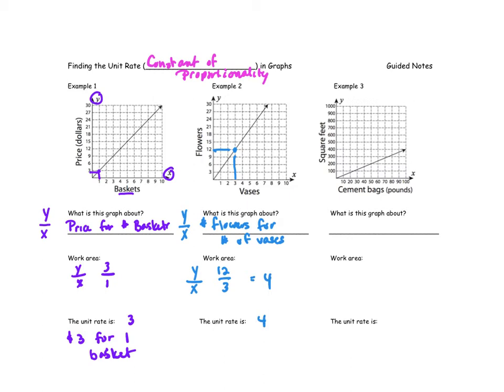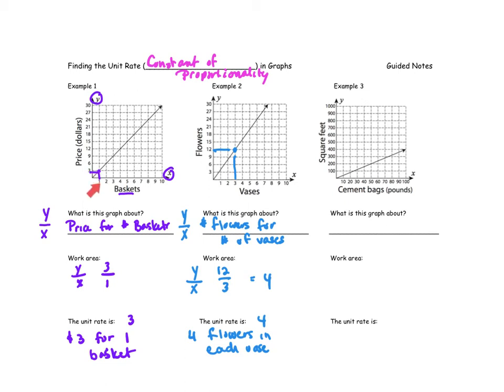But more specifically, we're talking about 4 flowers in each vase, or per vase, or for one vase. So now let's look at the last graph. Before we do, let's look at example number 1. When we have a graph that gives us an exact value that matches up with 1, that's the easiest.